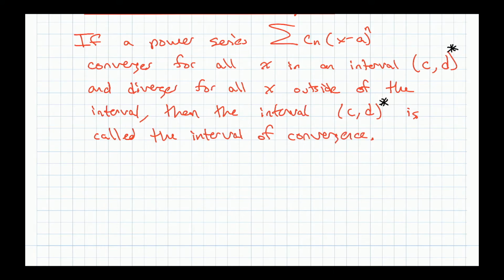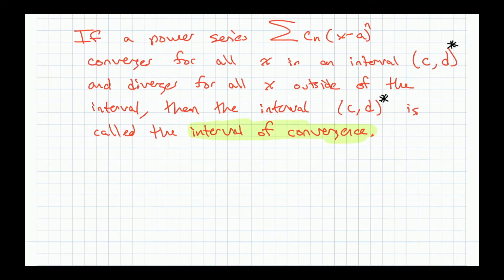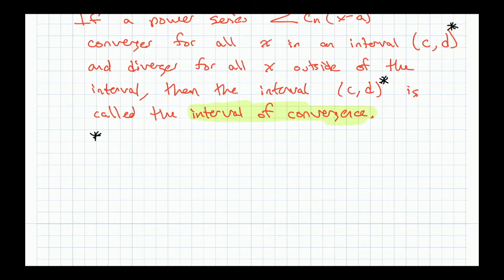All right, so that's just the definition of what it means to be an interval of convergence. So the question is, what about the asterisk? The only reason there's an asterisk there is it's not something complicated. It's simply that it doesn't have to be that kind of interval.